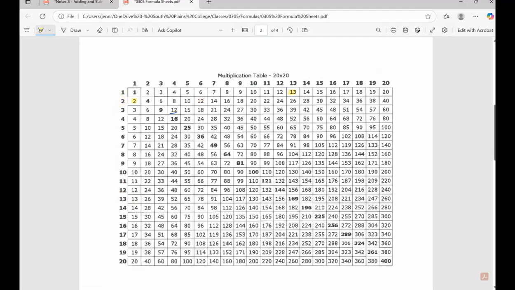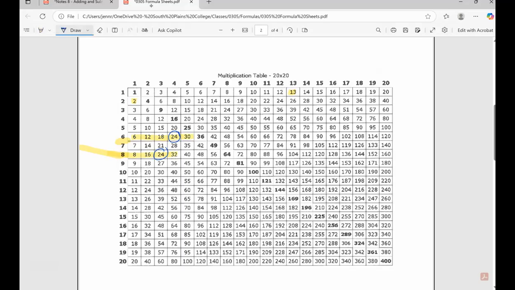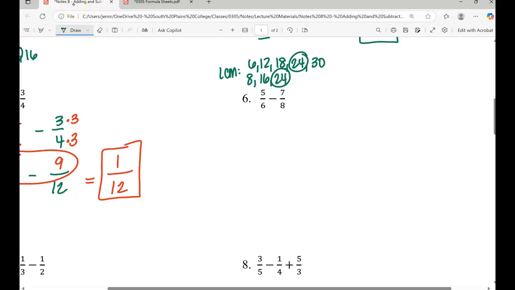So for that 6 and 8 list, find out what they have in common. Right there, 24. So that means I'm going to have to change both fractions so that I have 24 on bottom of both of them.